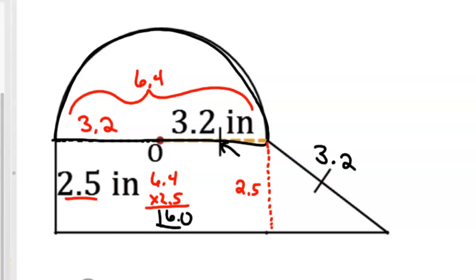Multiply the 6.4 and 2.5, you get 16. Again, I encourage you at this point to use a calculator. Concentrate on the math and not silly mistakes you make by doing this stuff by hand. You'll make enough mistakes without it. So use a calculator to kind of help you out. So 6.4 times 2.5 is 16.